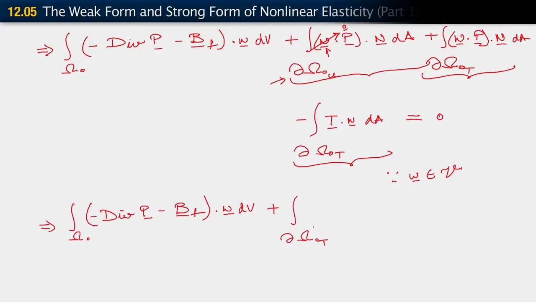I am going to write this term as W dotted with the vector Pn, and from here I get a minus t from this term. So those last two integrals can be clubbed together in this form, dA, equals 0.